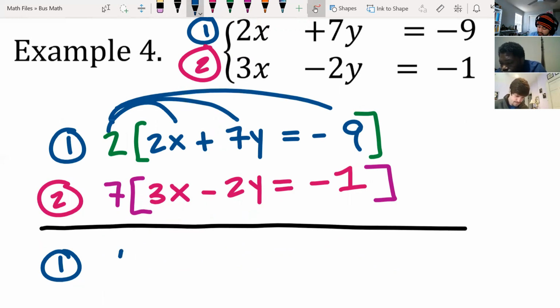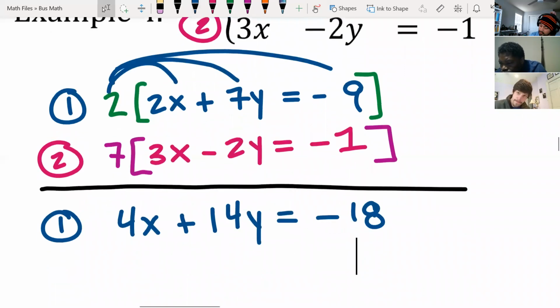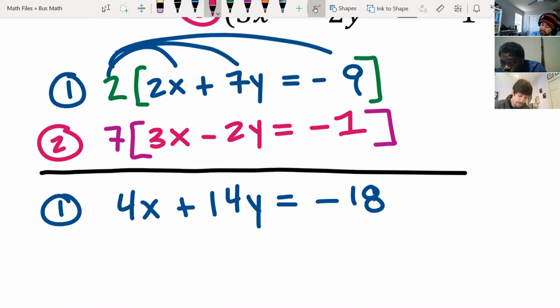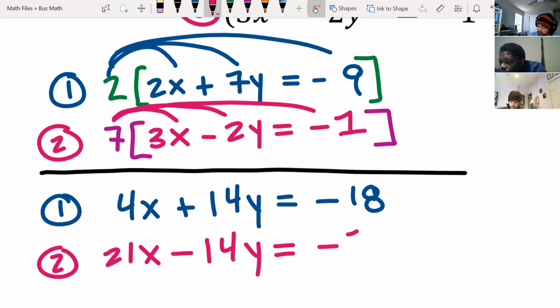I'm going to get my new equation as 4x plus 14y equal to -18. And my new equation 2, the same thing. Distribute, distribute, distribute. I get 21x minus 14y equal to -7.